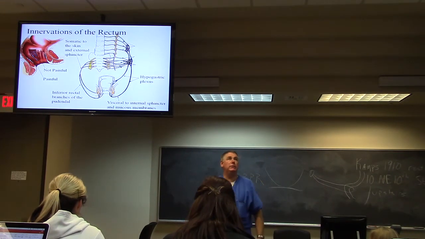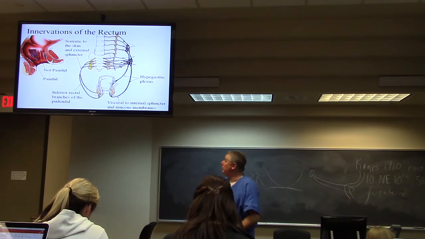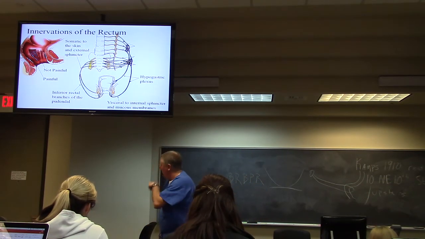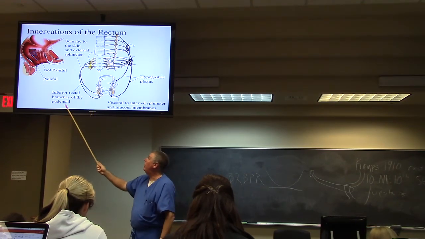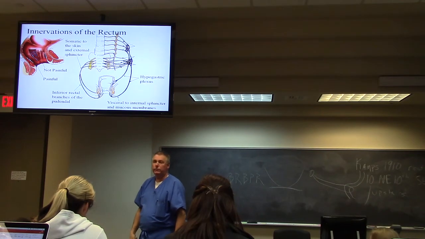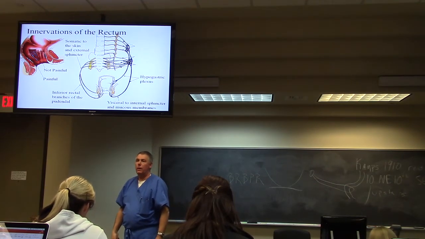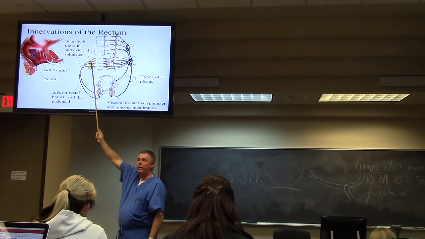All right, the innervations of the rectum, this is the point I was making. Inferior rectal nerves are branches off of the internal pudendal nerve. It says pudendal. Internal pudendal nerve. These are somatic. They come off of the ventral primary rami at S2, 3, 4.